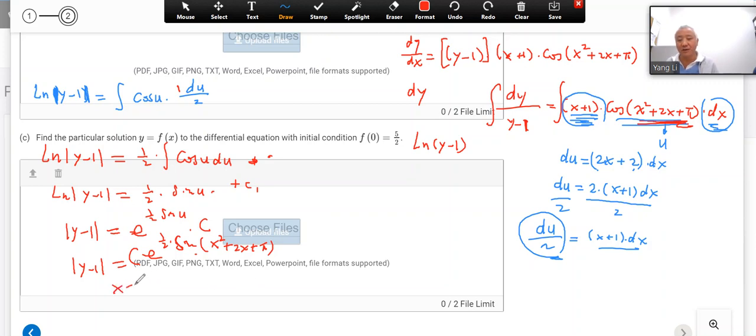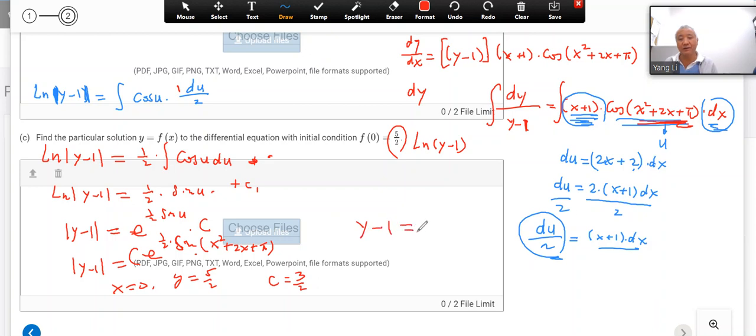Now you substitute x equals 0 and y equals 5/2. Plug in, so you will find c equals 3.5.